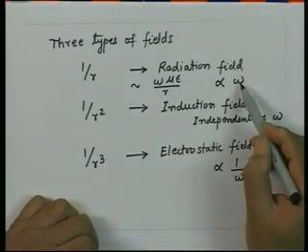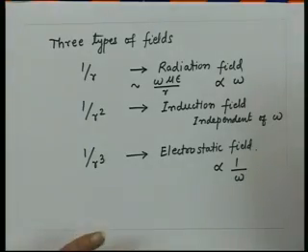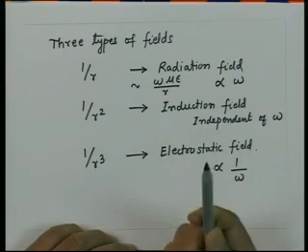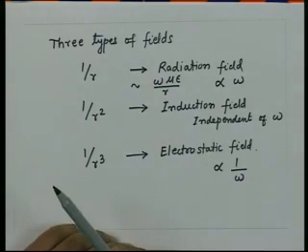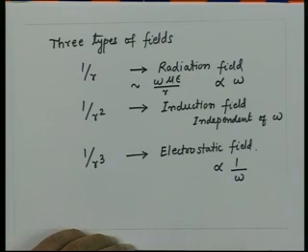So this relation, that the radiation field is proportional to omega, agrees with the basic understanding we had for getting radiation from the current. This variation is also okay because this is the field which is even generated by the DC current. So its independence of omega is also understandable.